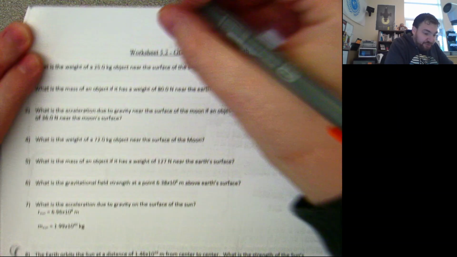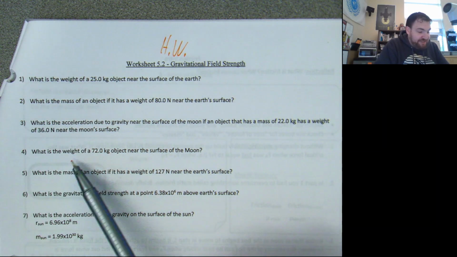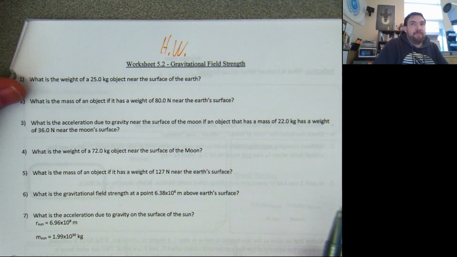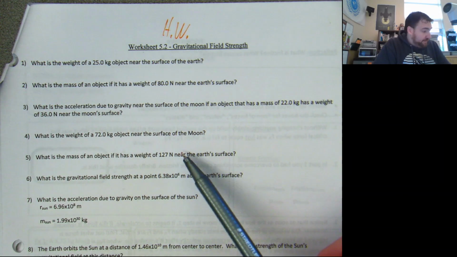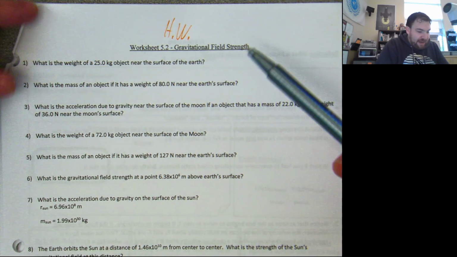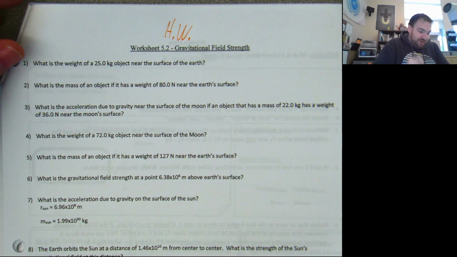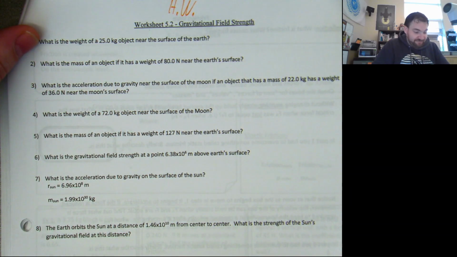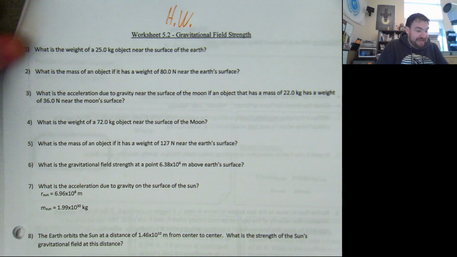There are some values you're going to need off your formula sheet, because it asks you for things like the weight of an object near the surface of the moon. So either you remember what the gravitational field strength is at the moon, or you head to your formula sheet and you find it. But now we can start to leave our planet and talk about some of these other things. You can look at the acceleration due to gravity on the surface of the sun. So I want you to take a look at these 8 questions.